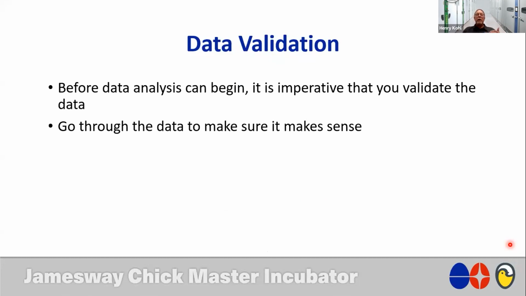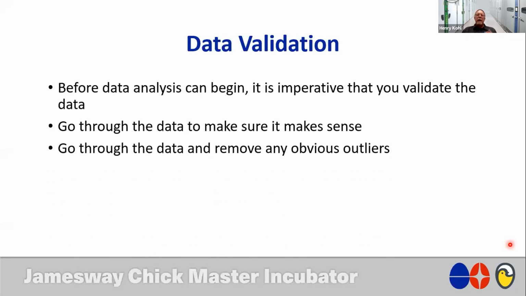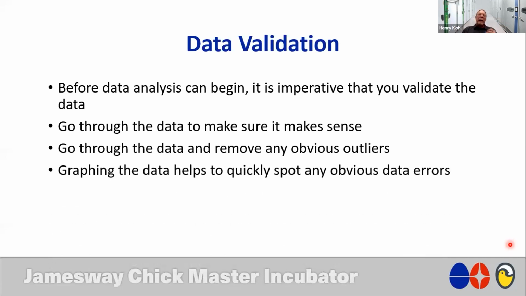But a lot of times when I go on site and I'm looking at data, I can't tell you how many times I see data that just doesn't make sense to me, like over 100% hatchability on a flock. So you need to at least do a quick overview to make sure this data is making sense. You need to go through the data and remove any obvious outliers, something where you say, no, this cannot be. And then I personally like to graph the data.